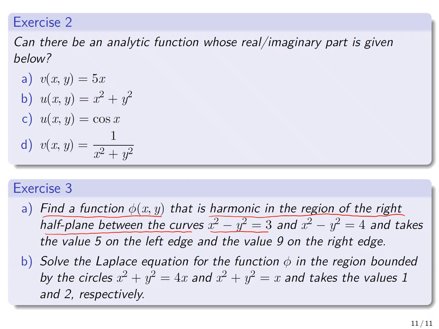We have two hyperbolas, and it takes the values 5 and 9. So this problem is similar to the last problem. And also let's do this one: solve the Laplace equation for the function phi in the region bounded by two circles, taking the values 1 and 2. So you can try these problems as practice problems.